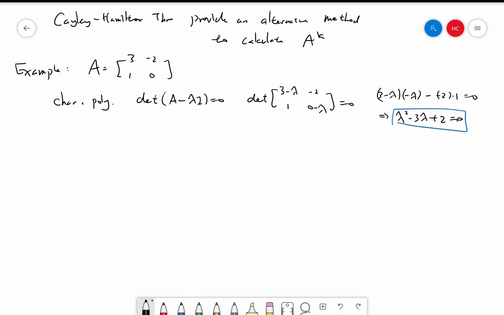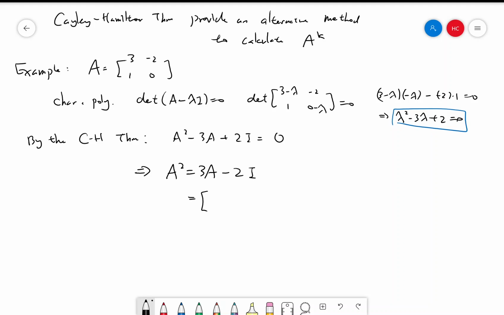By the theorem, this tells you A squared minus 3A plus 2 times the identity matrix equals the 0 matrix. This allows us to calculate A squared, because A squared is 3A minus 2I.